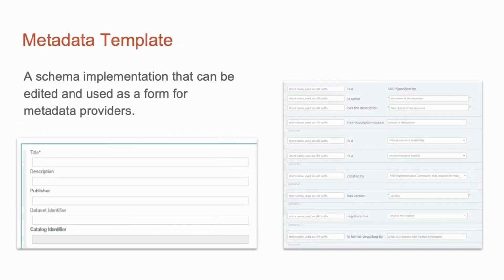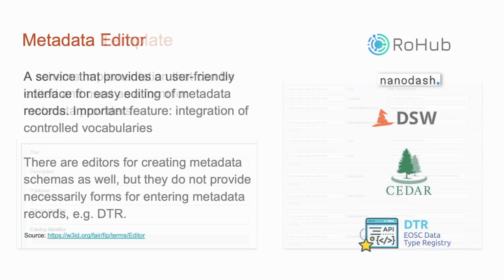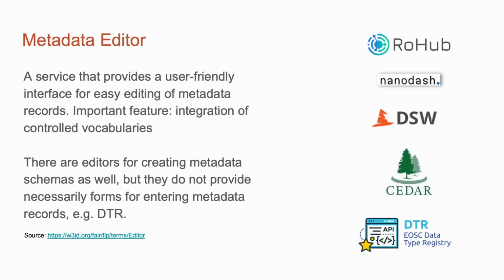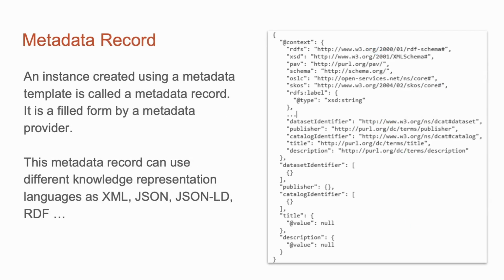Creating metadata means implementing the schema by completing a form, known as the metadata template. A metadata editor provides a user-friendly interface for editing records. Ideally, it integrates controlled vocabularies published on the web, such as Cedar or Nanodash. A metadata record is a completed form provided by a metadata provider.